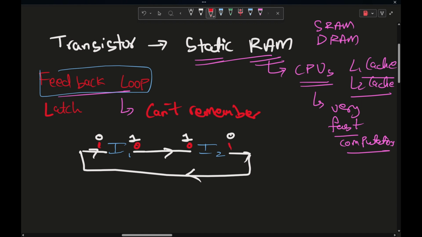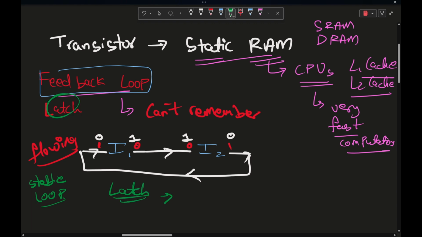So overall, whatever input is given will flow continuously in this loop. It creates a stable loop that can remember the value, and it will keep flowing for infinite time unless the current is switched off. So basically it creates a latch, as it is mentioned over here.